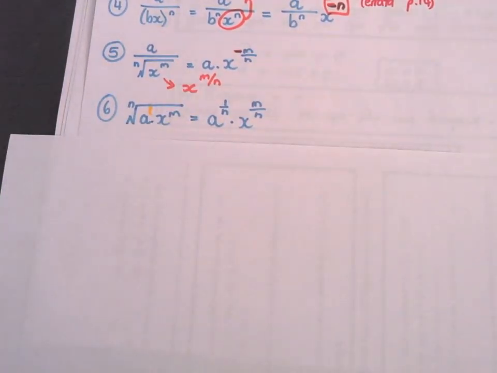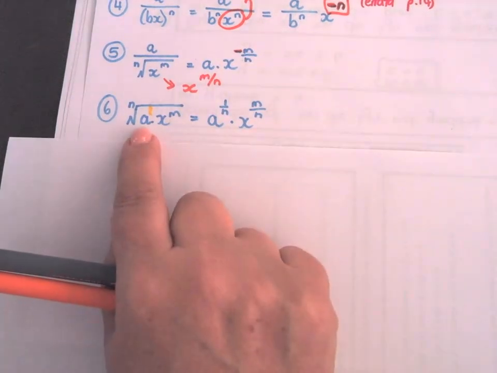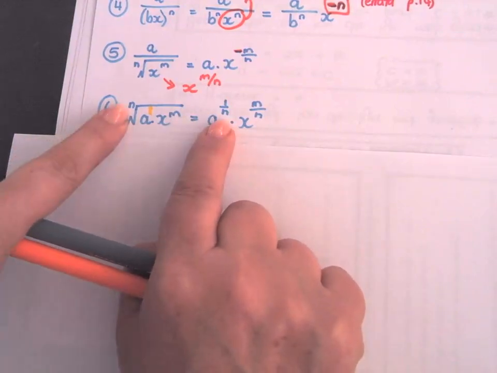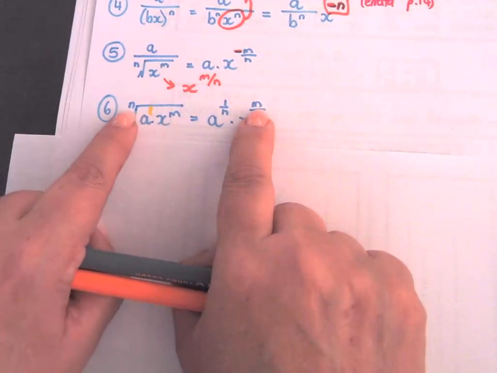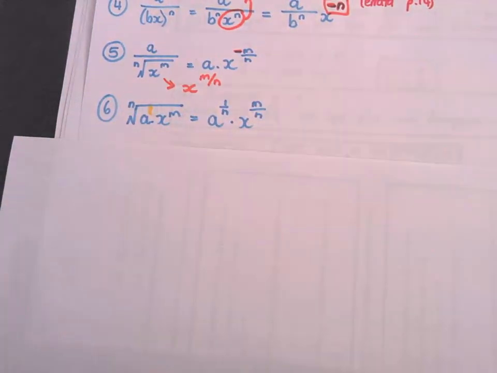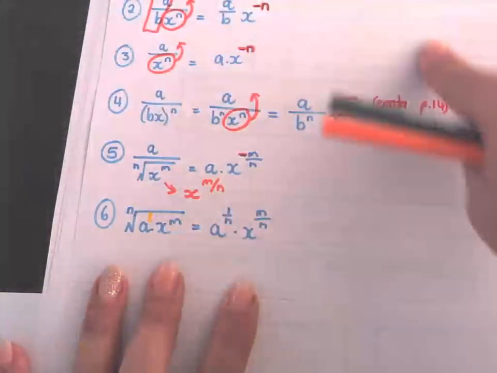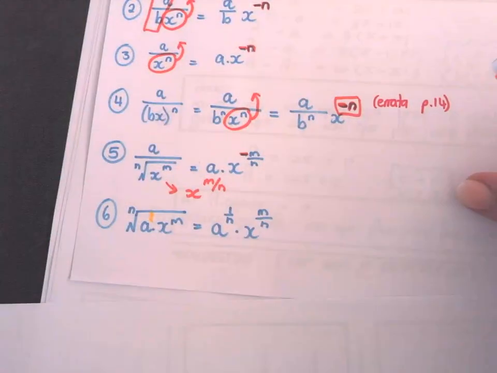Now I have 2 bases under the root, so a actually has a power of 1 divided by n times x to the power of m divided by n. Okay. So these will appear in your homework and in exam questions and tasks.